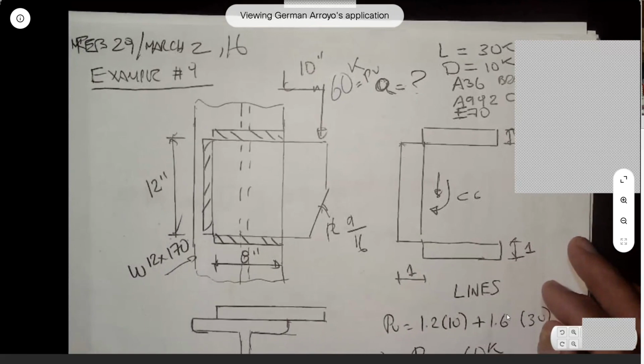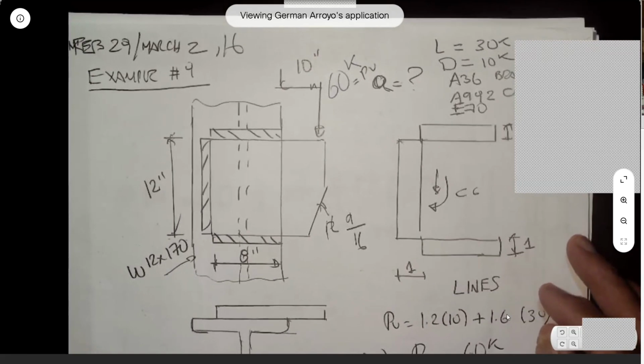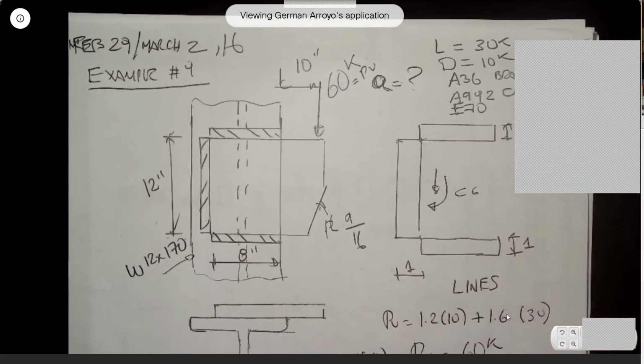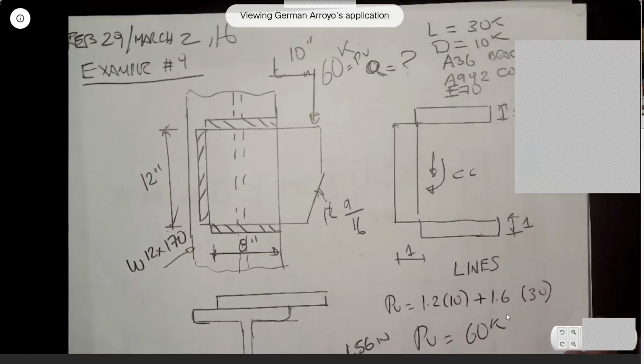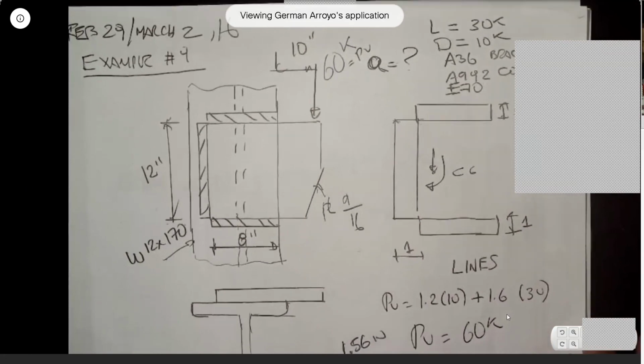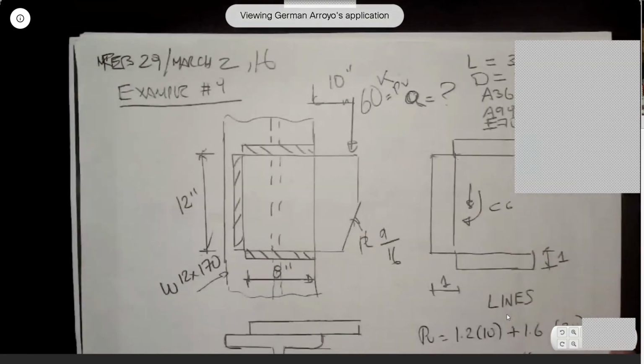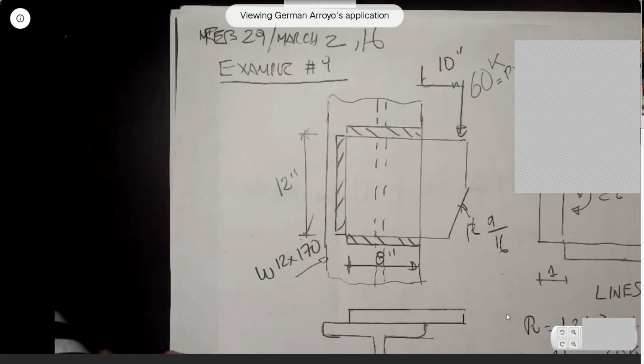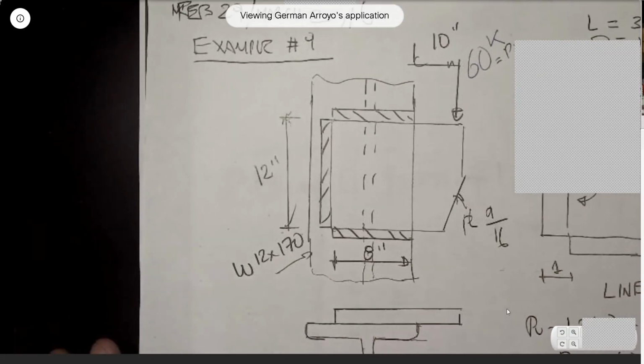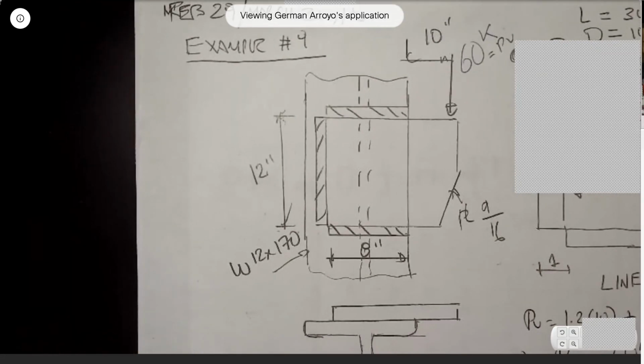The last day of classes, I gave you several sheets of paper. This problem was in there, and let me go over this problem before we do anything. What we had in here is a column, and you can see the column here.